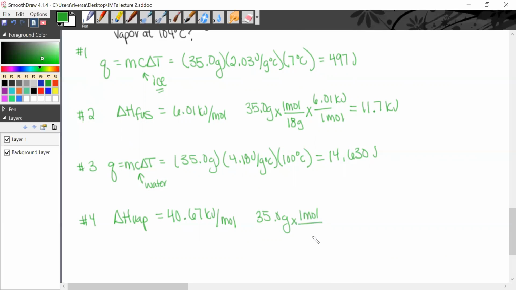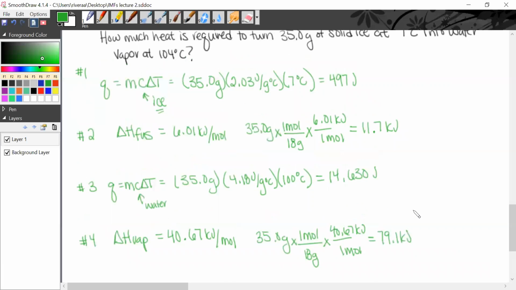Right, once we've sort of thought this through, then it's just applying new values. 40.67 kilojoules per mole. I got 79.1 kilojoules.